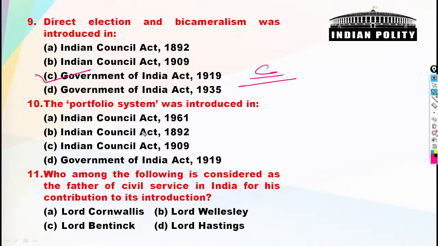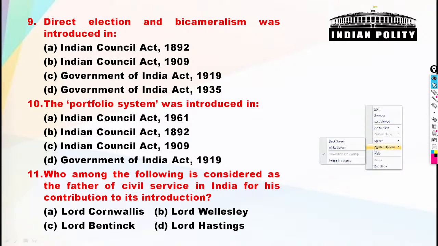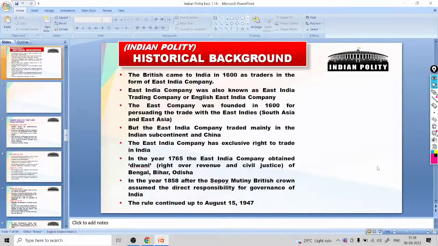The portfolio system was introduced in which Act? Okay, just let me correct it first and see whether it gets corrected. So the portfolio system was introduced in the 1861 Act.